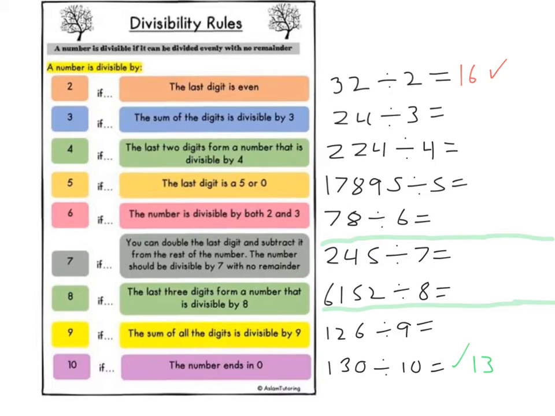The next one you might be familiar with is the 5s. If the last digit is a 5 or a 0, we know it's divisible by 5. 5, 10, 15, 20, 25, 30, 35, 40, 45, 50. I don't know what the answer to this one is, so I've written 17,895 divided by 5.